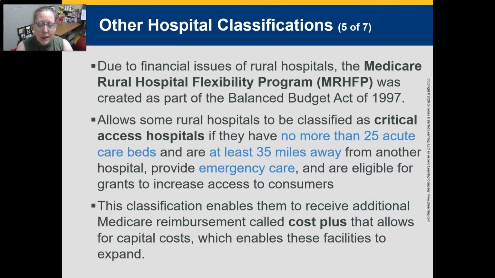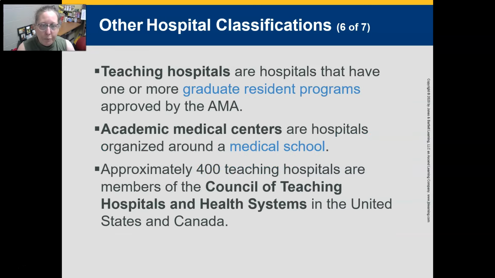But it still gives access to emergency care to the patients in that small area. This classification then enables them to receive additional Medicare reimbursement. It's called Cost Plus, and that allows for capital costs, which enables these facilities to expand, or at least to stay alive. And so this has helped his hospital quite well.